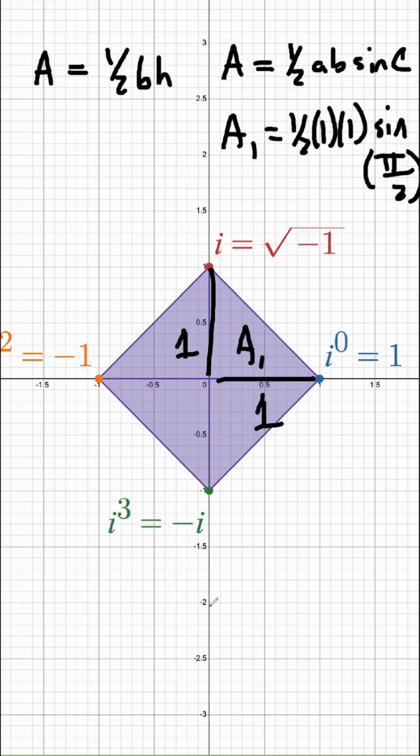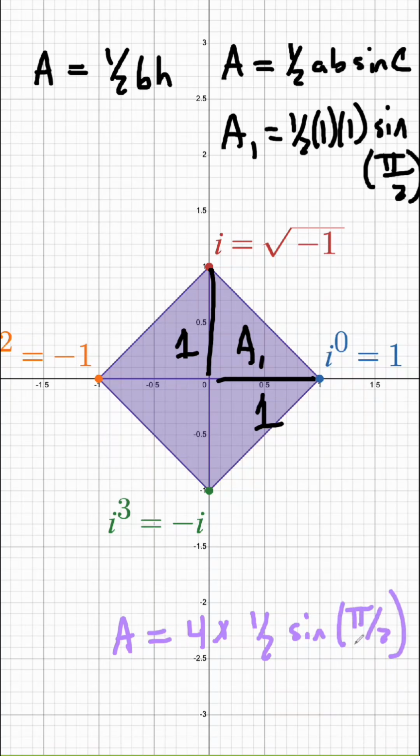If we wanted to calculate the total area of this square, we could multiply that result by 4. So the area is equal to 4 times 1/2 times 1 times 1 times sine of pi over 2, which is just 2 times sine of pi over 2.